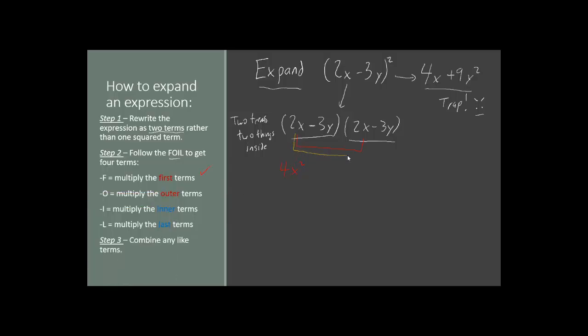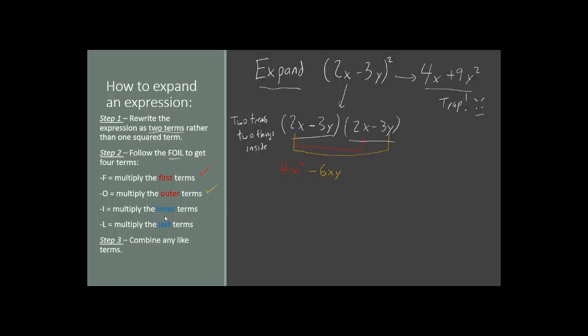That is, this 2x with this negative 3y. Well, let's do the numbers first, then the letters. 2 times negative 3 gives us negative 6, and x times y gives us xy. That takes care of the second step.